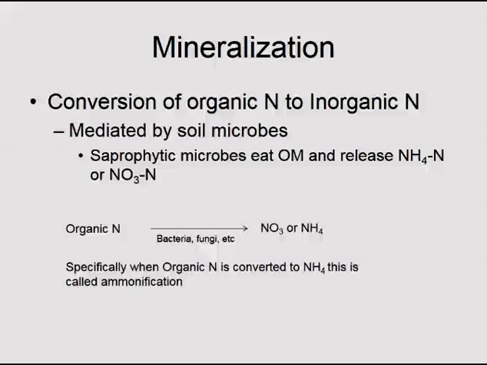We usually do not get a direct conversion from, well, I guess we can. We can get a conversion from organic N to nitrate, but remember that is not called nitrification. Nitrification is solely the conversion from ammonium to nitrate.